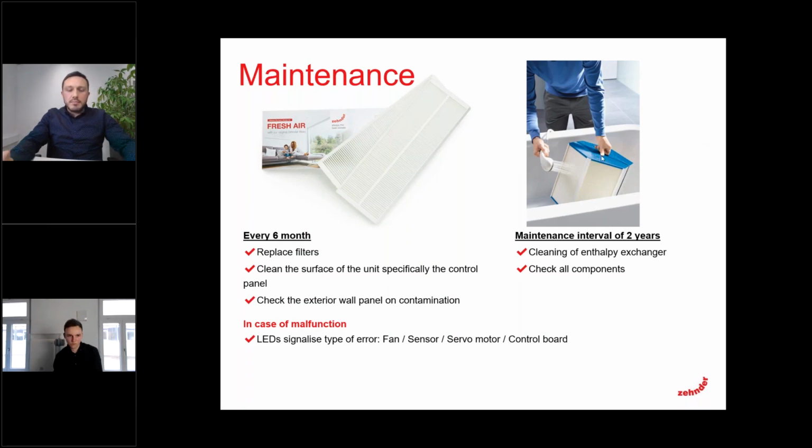The two biggest points here are actually the filter maintenance, which is carried out every 6 months, and the maintenance of the enthalpy exchanger, that is the heart of the unit. Well, the enthalpy exchanger, you just take a look or maintain it every 2 years.